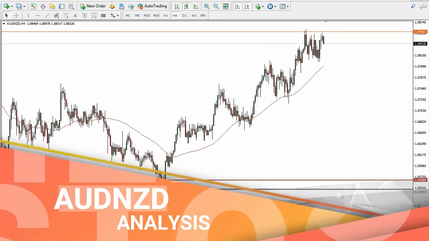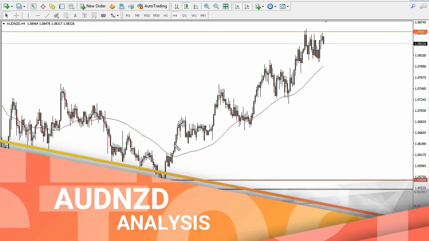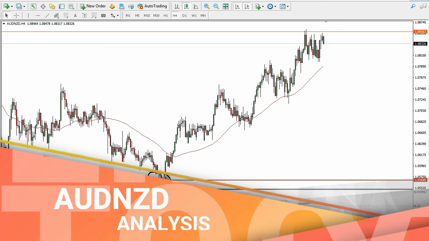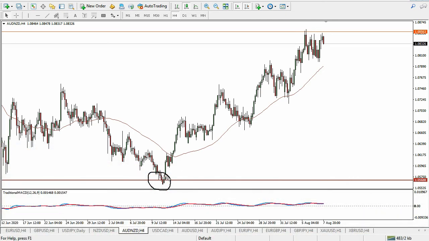So this is the Aussie New Zealand, and I mentioned in my previous videos that I am looking for long positions for a longer term, and I also shared my detailed analysis about Aussie New Zealand in my previous videos. I mentioned that from this area we might see some upward moves, and the price was moving as expected.